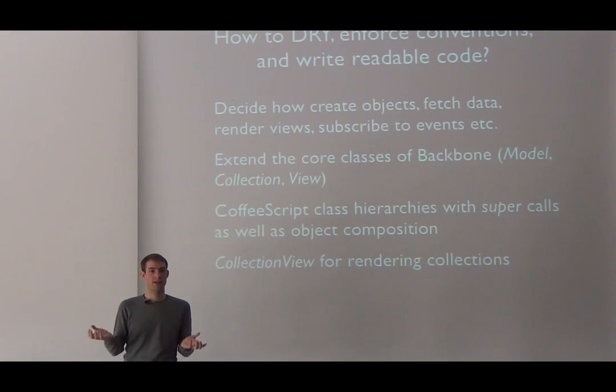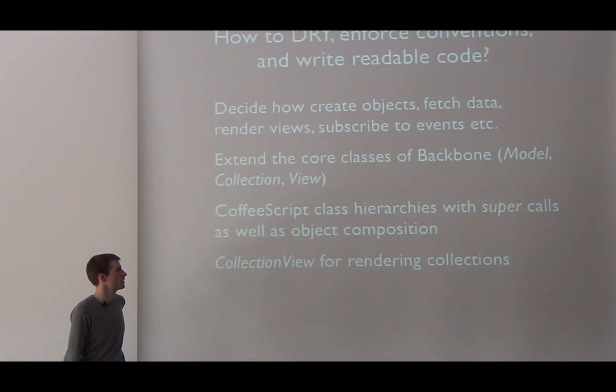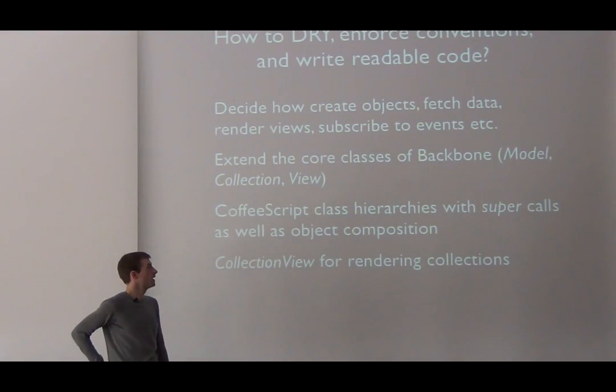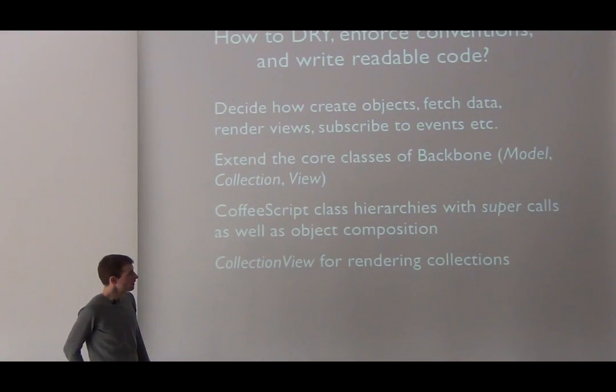This is basically done with prototypal inheritance in JavaScript. By the way, for moviepilot.com, and for Chaplin as well, we have chosen CoffeeScript, so everything is written in CoffeeScript, and we're using the CoffeeScript class hierarchies and super calls extensively to write clean code.